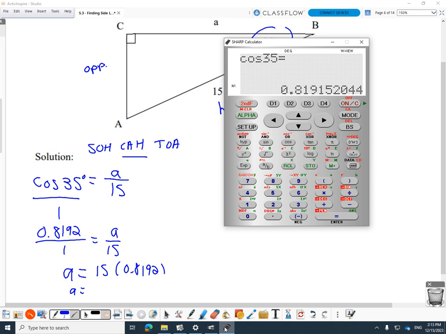The 0.8192 is already on the screen. I could just hit times 15, and it takes the answer and multiplies by 15. That's a pretty cool feature. That's the first really cool feature they put on calculators. Like, hey, if you just want to keep going, just hit times 15, and it'll do it for you. And I get 12.3.